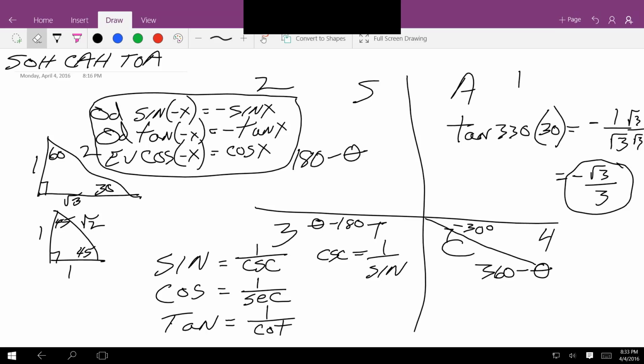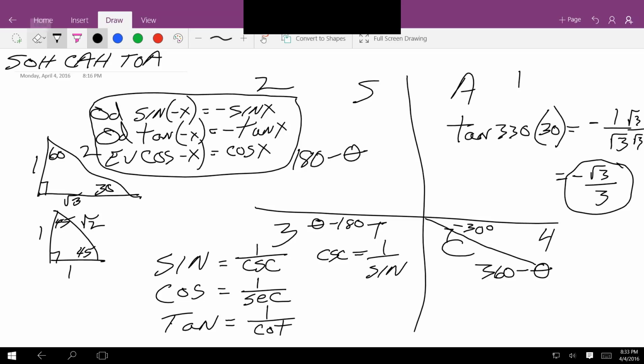You want to start with this, knowing that the tangent of a negative angle is the same thing as minus the tangent of the positive angle, because that gets you there almost immediately. And then just figure out what the tangent of 30 degrees is and put a negative sign in front of it. Okay, what else do you got?